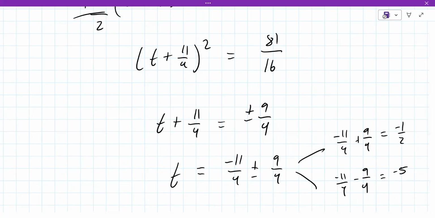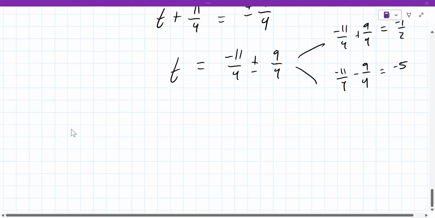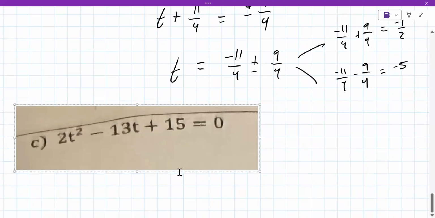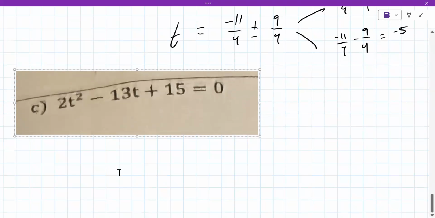Why don't you try 2C on your own? And then we'll move on to another grouping of problems here. This one does work out nicely, believe it or not. In the end, not in the beginning.